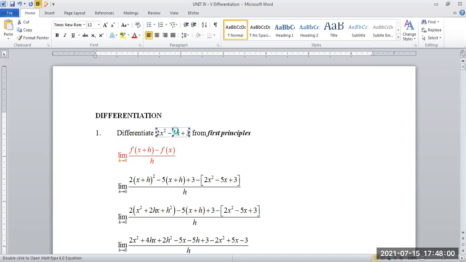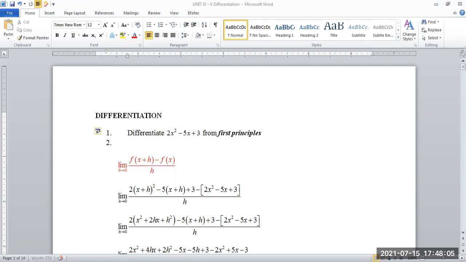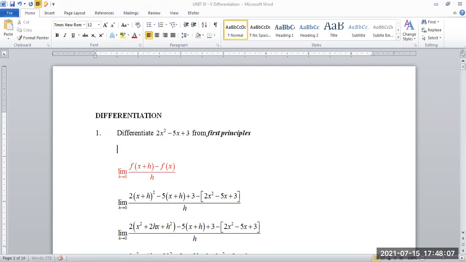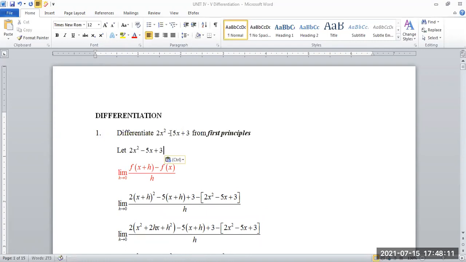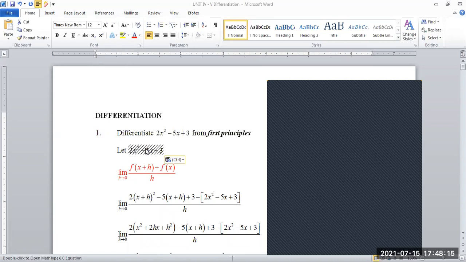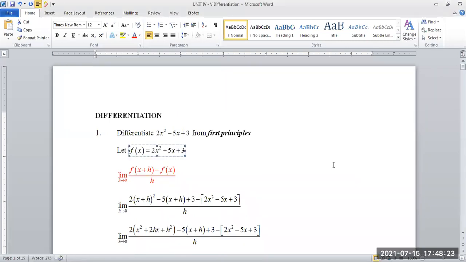I'm actually trying to type something here. So I'm going to let f of x be equal to 2x squared minus 5x plus 3.